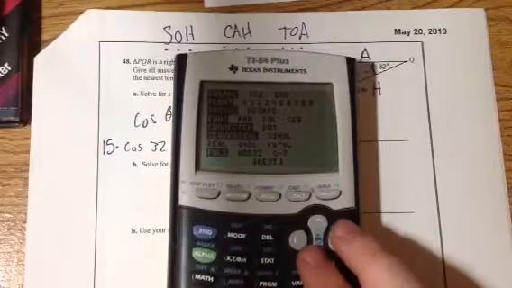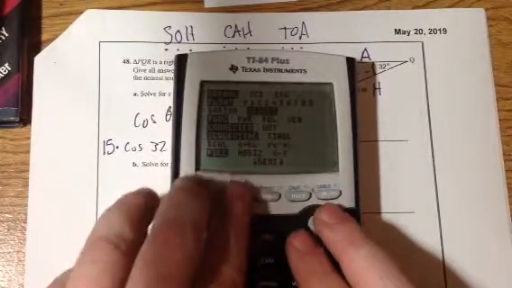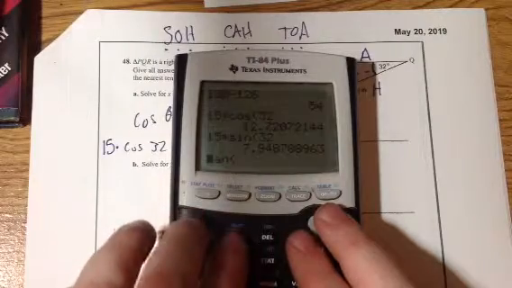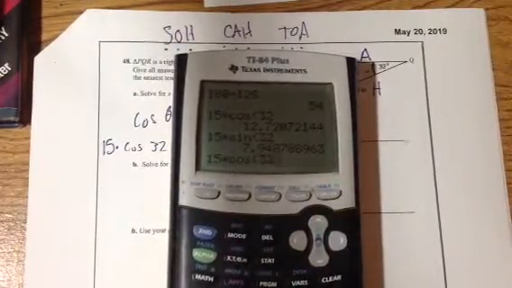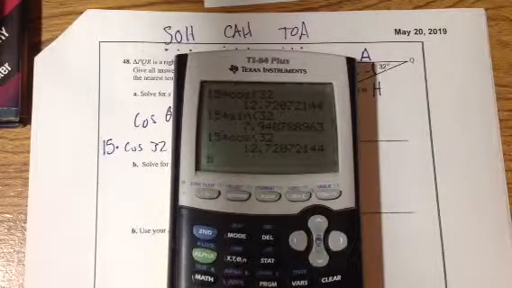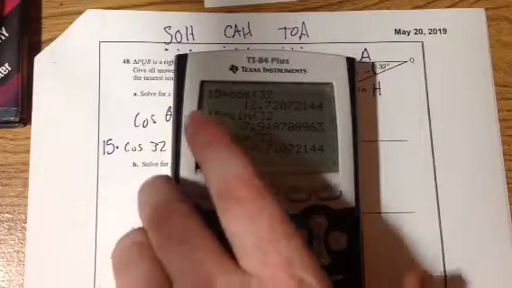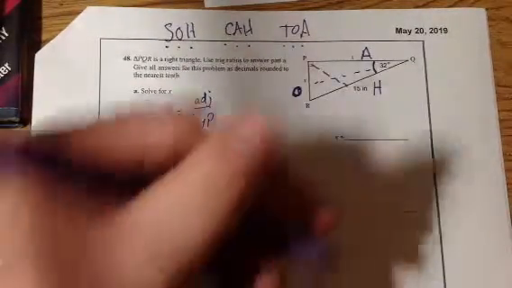If it's on radian mode, hit the right arrow and select degree mode. Then quit, second mode, and do 15 times cosine 32. That is 12.72, and remember we're rounding to the nearest tenth, so that's 12.7. And that's in inches.